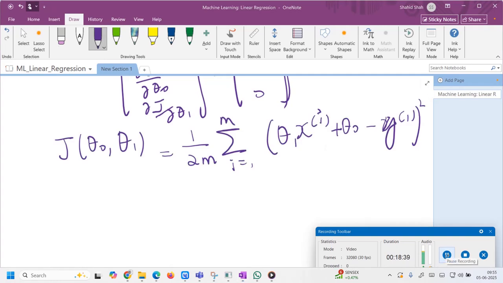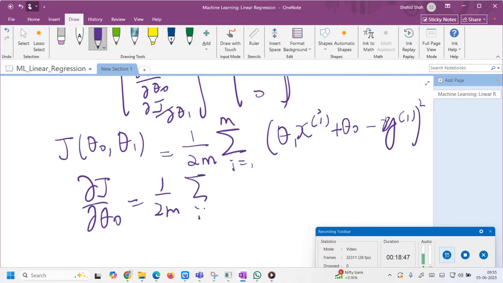So here is J defined. Now what will be del J upon del theta 0? So this 1 by 2m is here, i is equal to 1 to m. First of all we have to differentiate this square function, which gives 2 times this whole thing, and then internal differentiation.